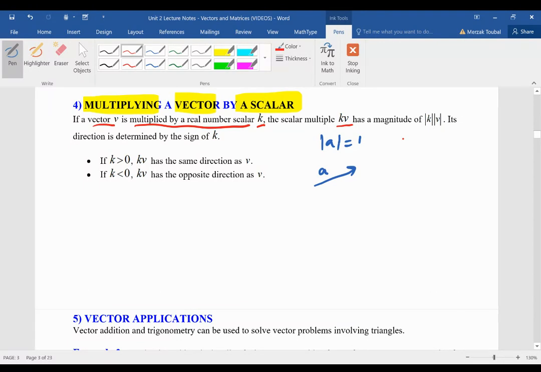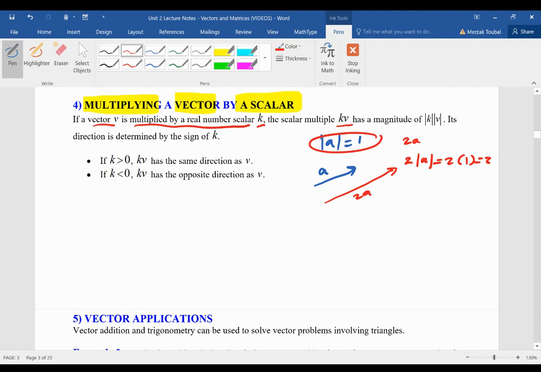So if I write 2A, that means I multiplied 2 by the magnitude of A, which is 1, so it's 2. So the length of this vector will double. Vector A becomes double in length.